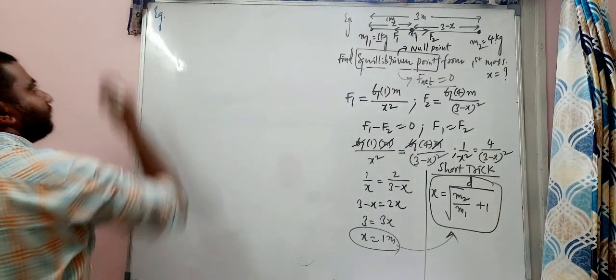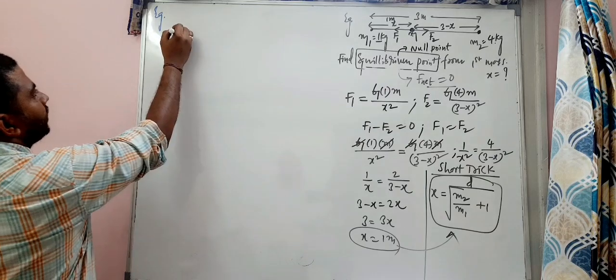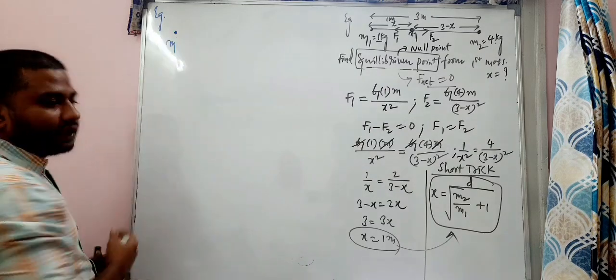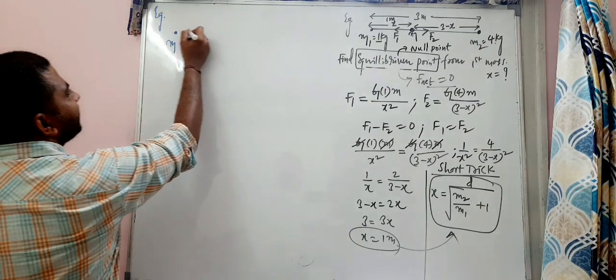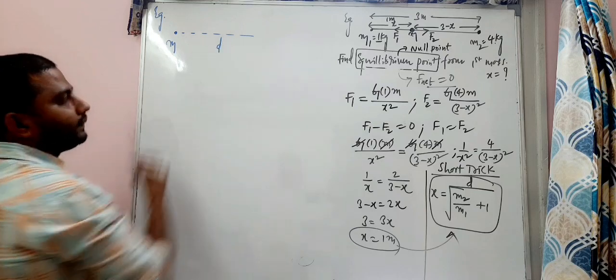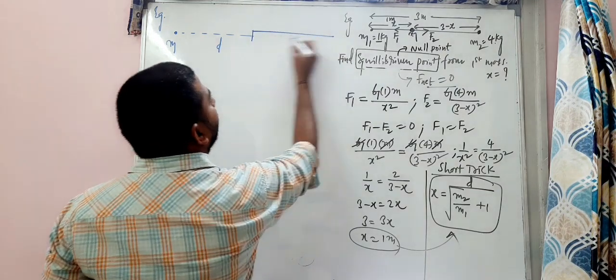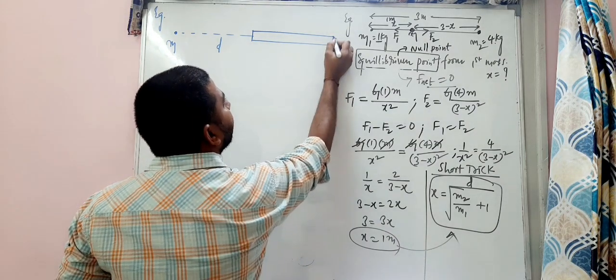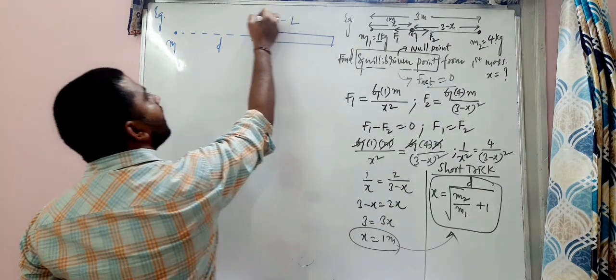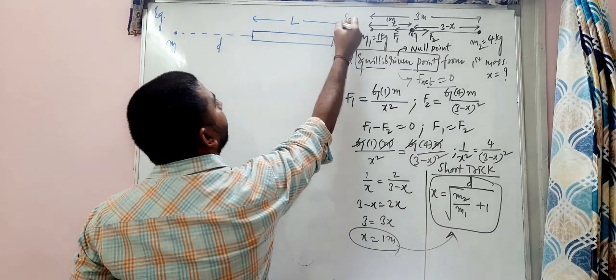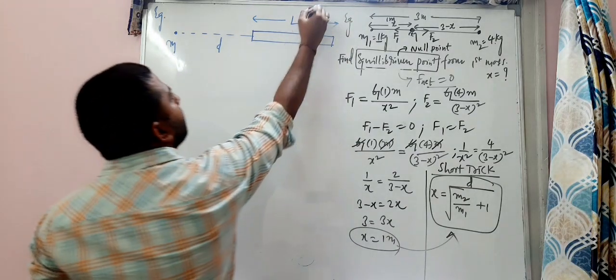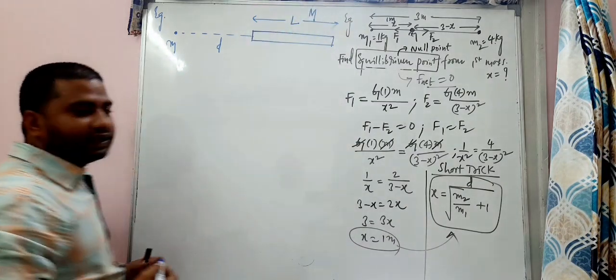So look at this example. There is a point mass kept here at a distance small d. There is a rod of length L and mass M kept here.